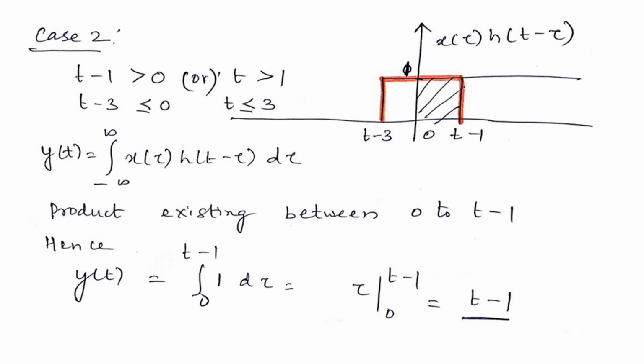So superimposing x of tau and h of t minus tau on the same graph, we will see that in this case there is a product which actually exists between 0 and t minus 1. The product here exists for the region 0 to t minus 1, that is, we see an overlap from 0 to t minus 1.